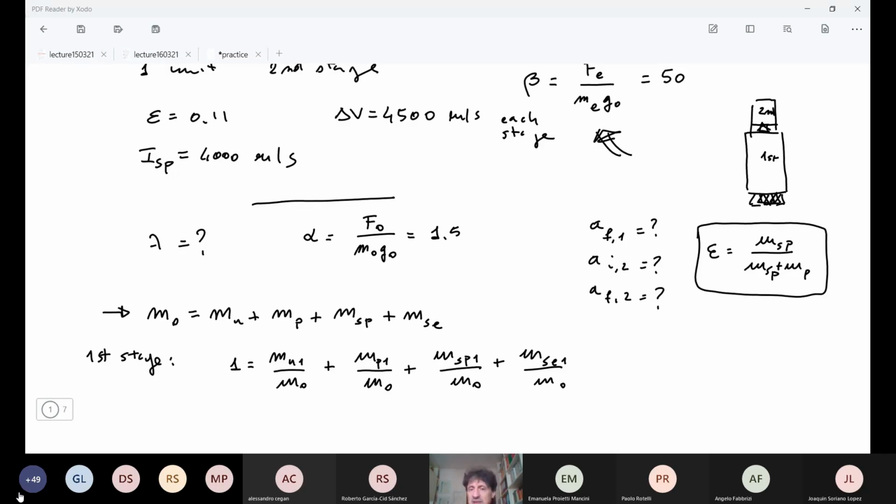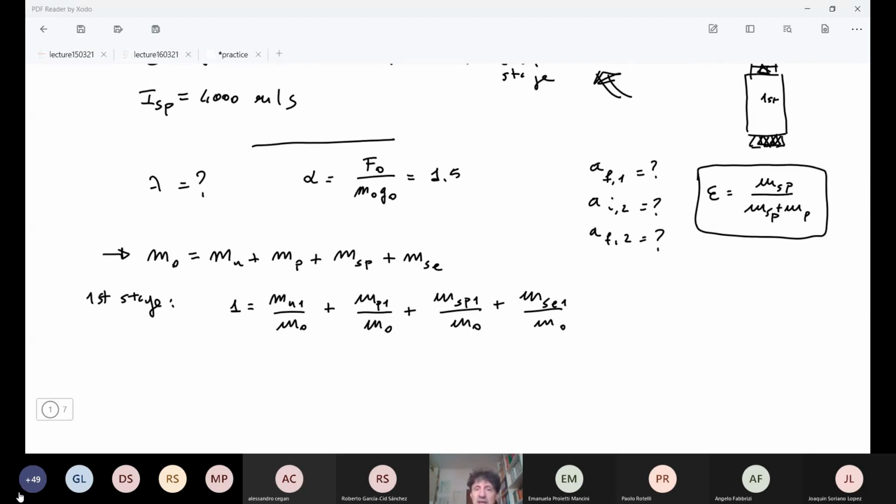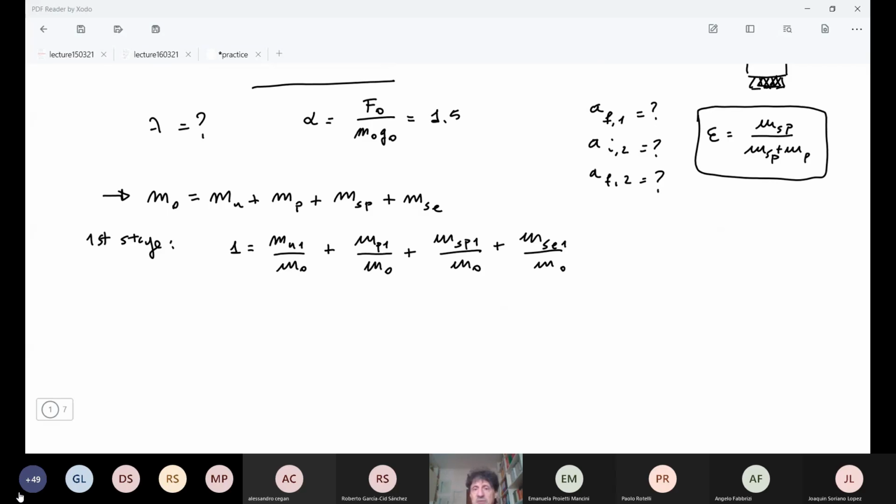We split these two contributions to the inert mass, and we can evaluate all these terms because, of course, the propellant mass would be related to the delta V that we achieve. You recall that C, which is propellant mass over initial mass, is 1 minus epsilon minus delta V over UEQ. And so this will give us this term.